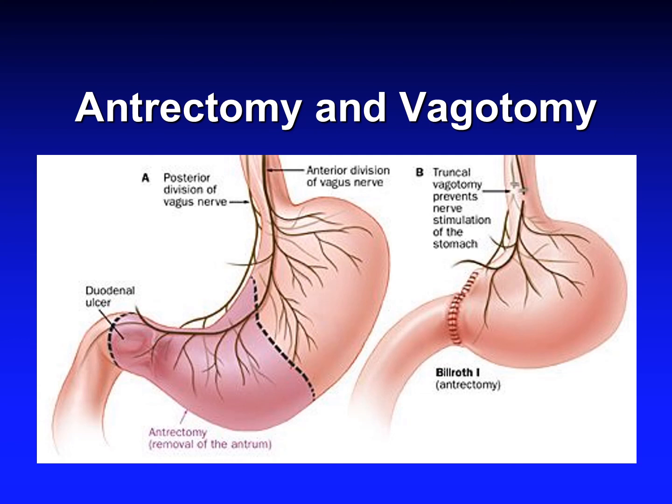And also we can do a truncal vagotomy, selective branch vagotomy. All of this can be utilized to decrease gastric acid secretion.